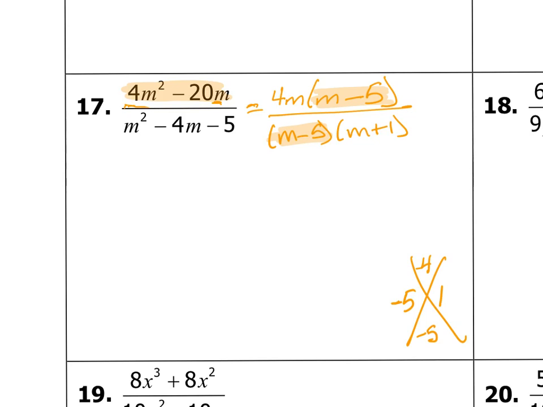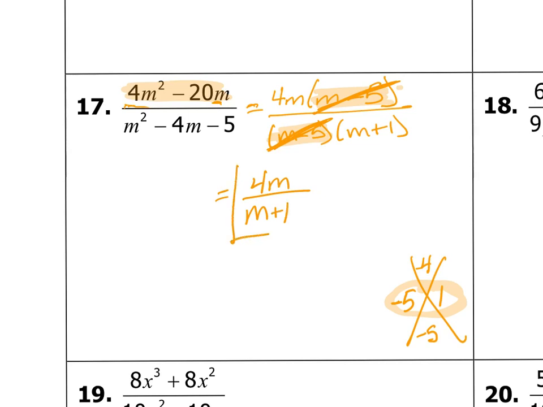So if you don't know what this is going to factor to down here, look and see what you already have, and probably 98% or 99% of the time, one of those factors will be what you need to make your one. So I know I have an m minus 5 on bottom and an m minus 5 on top. So my answer is going to be 4m, because that's what's left on top, over m plus 1.